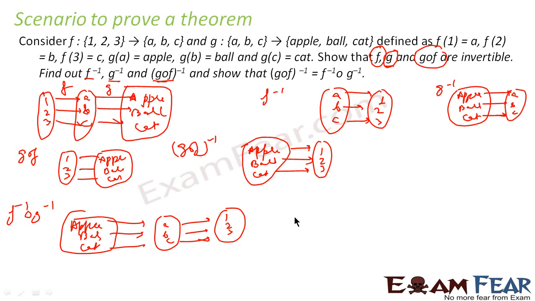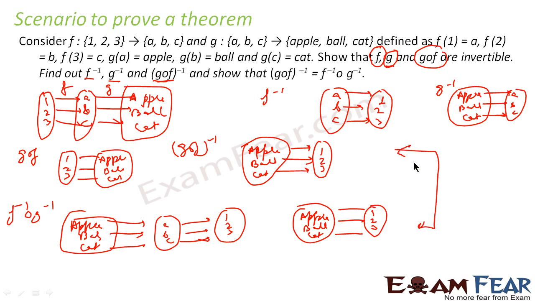If you look at this carefully, this is nothing but apple, ball, cat, and this points to 1, 2, 3. And if you see this, both the functions are the same. That is (g o f) inverse is equal to f inverse o g inverse.